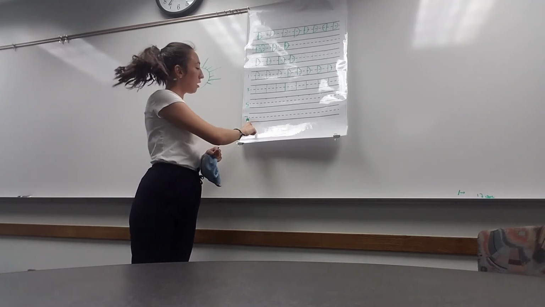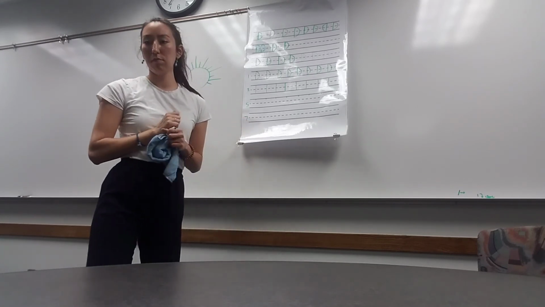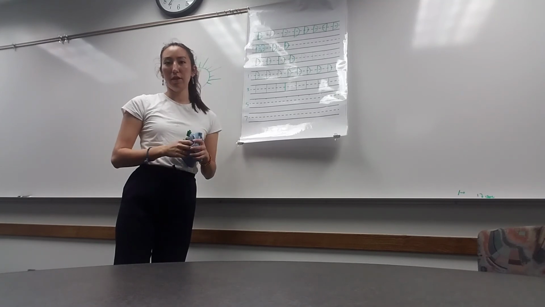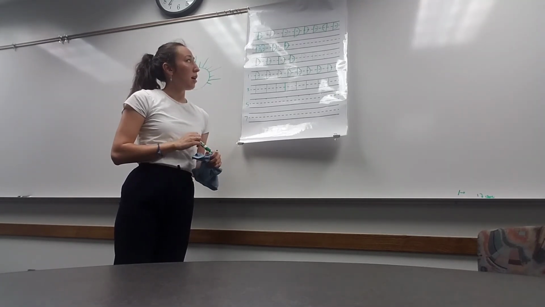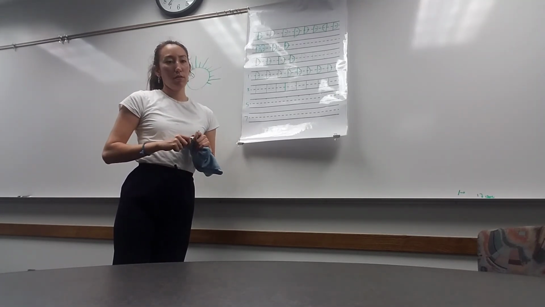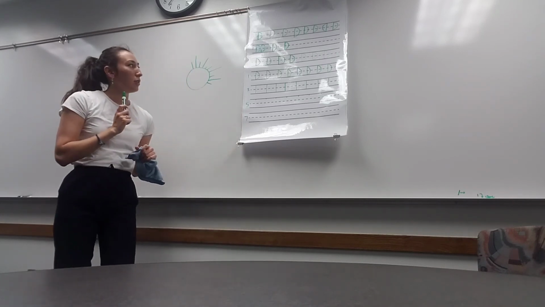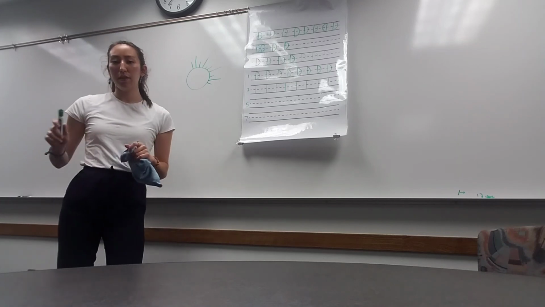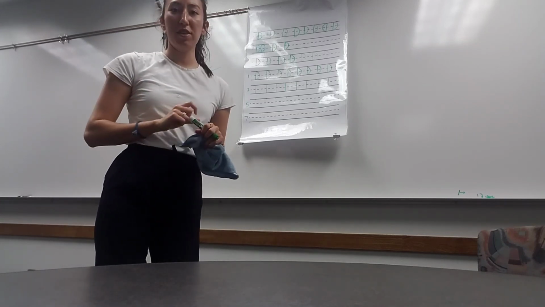Now finish line 7. Great job. You guys just learned how to do uppercase D. Remember, you learned today how to write uppercase D. What did you learn? Uppercase D.